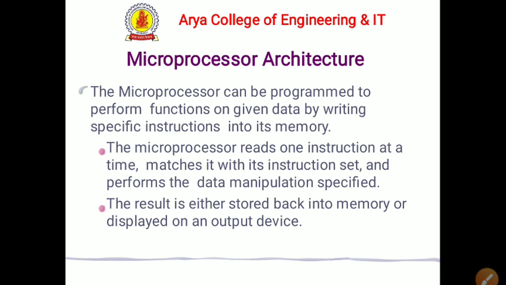The microprocessor reads one instruction at a time, matches it with its instruction set, and performs the data manipulation specified. The result is either stored back into the memory or displayed on an output device.